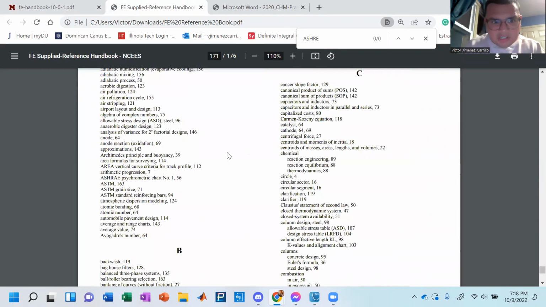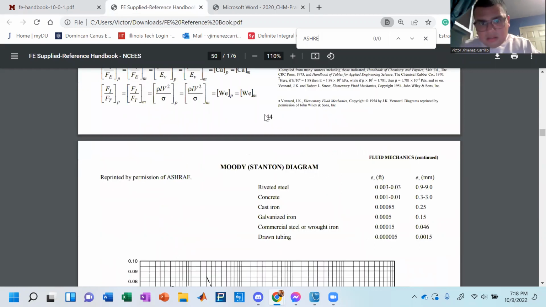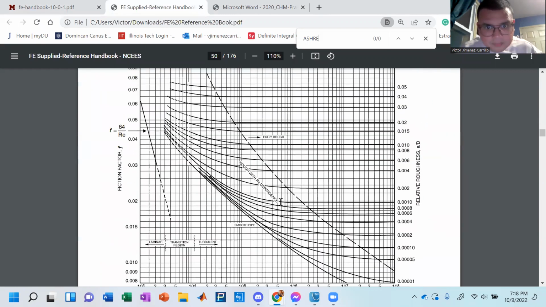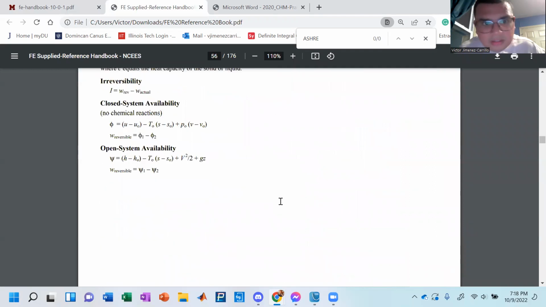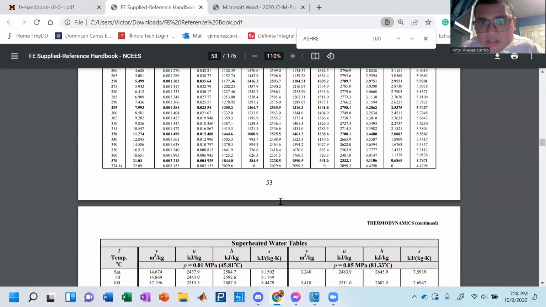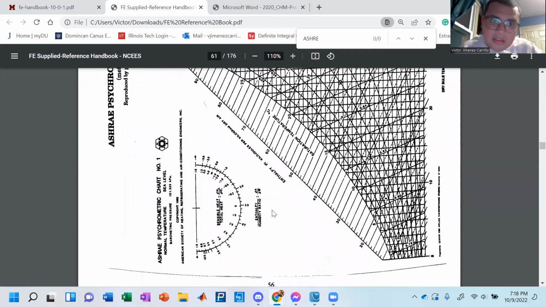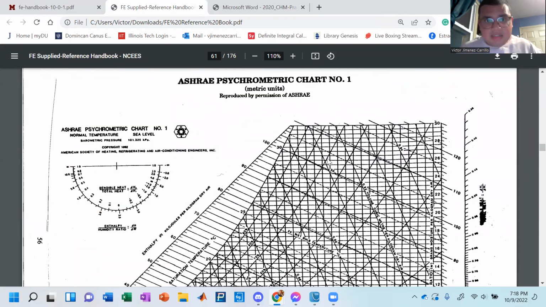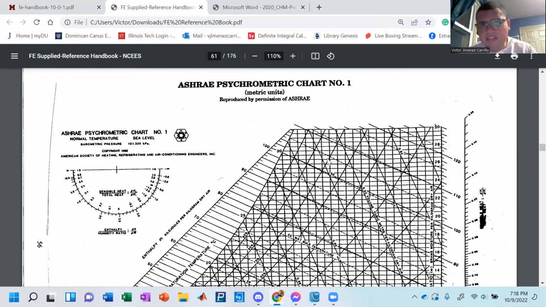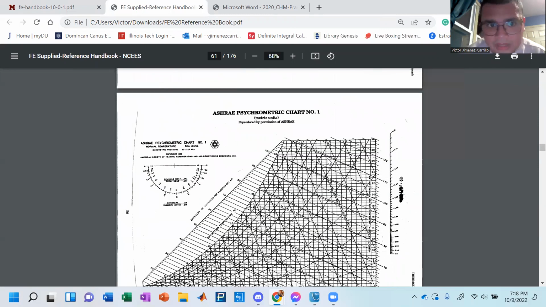It is in the thermal section of your book. Give me a second, guys. I might have misspelled it on my notes. It's this one. It is the ASHRAE psychrometric chart number 1.